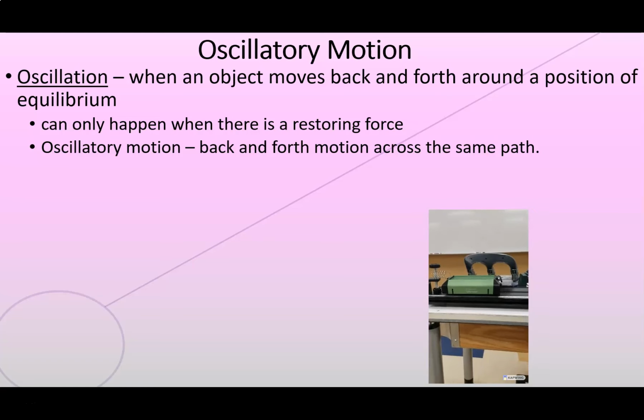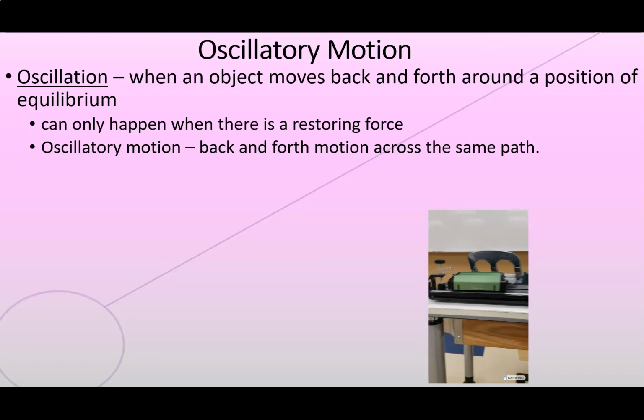And let's think of some other examples. Well, our heart beats, so that's an example of oscillatory motion. And if you play a stringed instrument, the string moves back and forth, so that's oscillatory motion. So there's just lots of examples in everyday life.